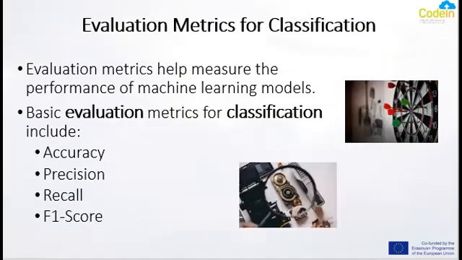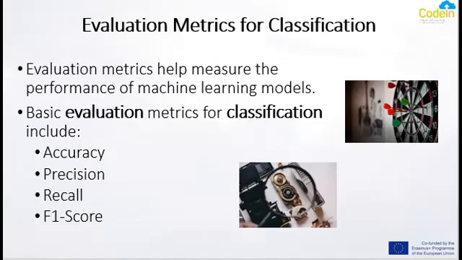Evaluation metrics are the secret sauce that helps us measure and understand how well our classification models are performing. Think of evaluation metrics as a performance report card for our models, providing valuable insights into their strengths and weaknesses. Today, we will explore some of the most commonly used evaluation metrics that are our trusty guides for building accurate and reliable models.